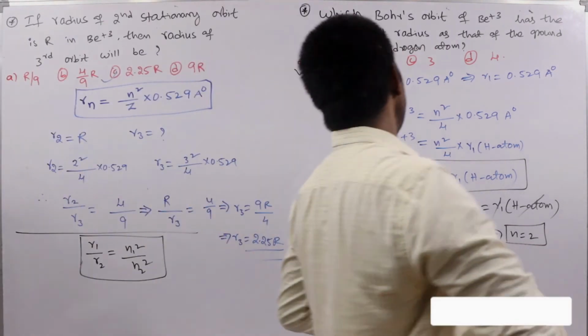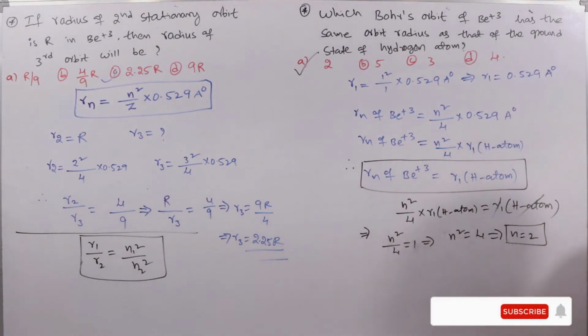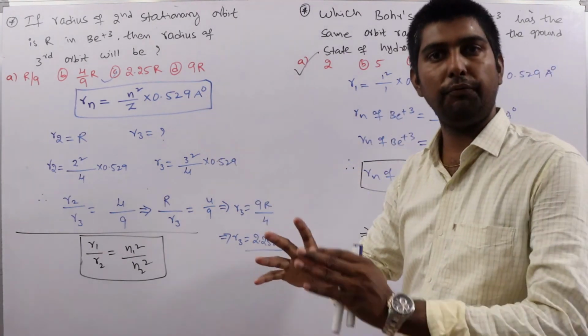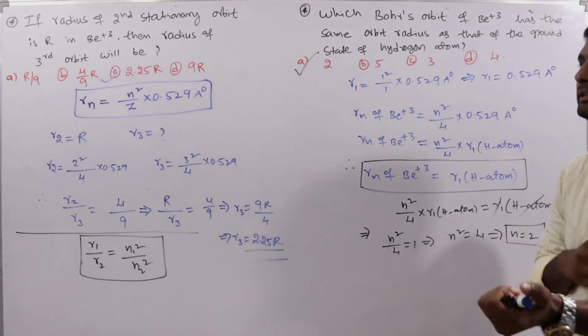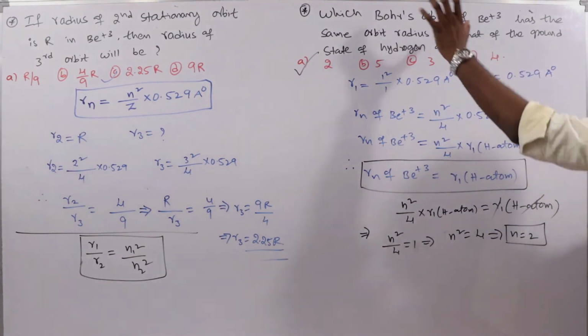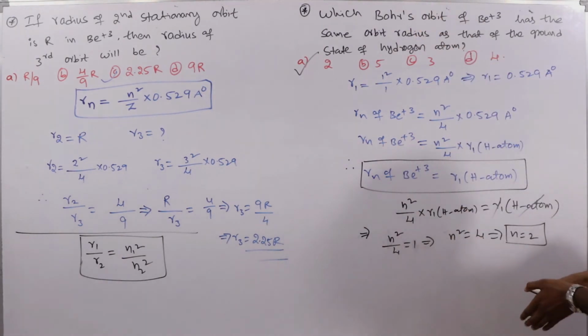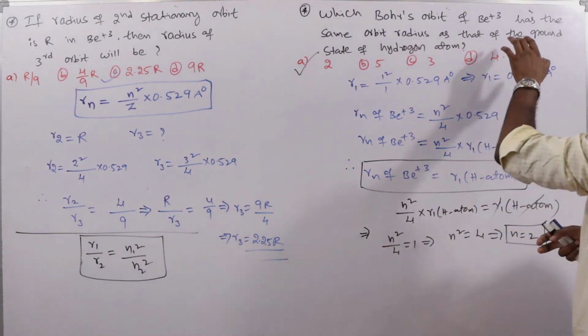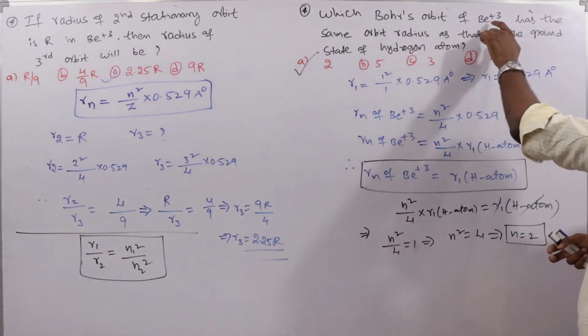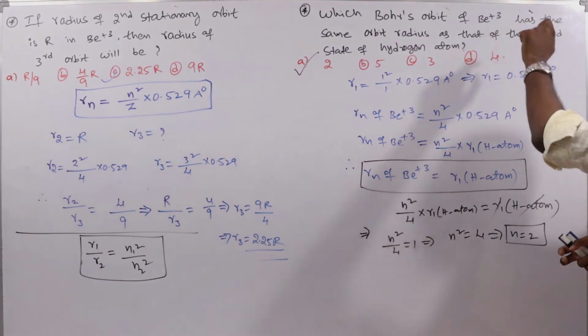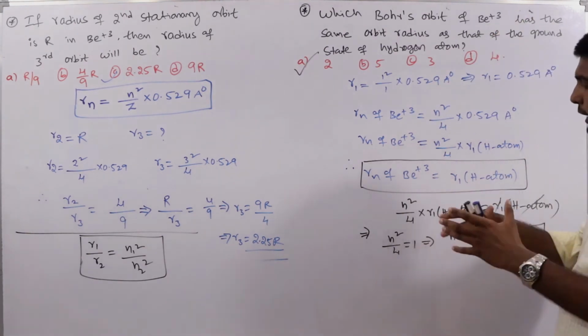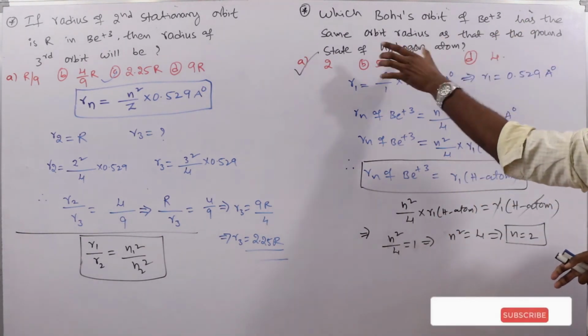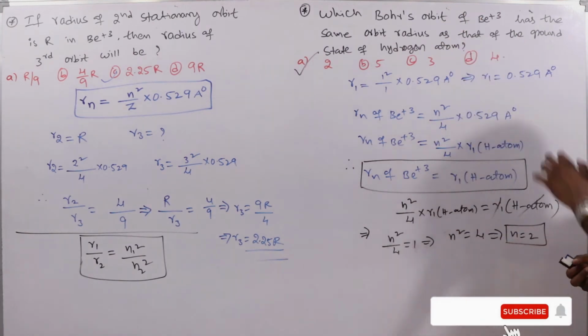Okay, so very simple. Understanding the problem is important. See, same formula, different types of questions are asked. Here, what is the condition they have given? The radius of Bohr's orbit of beryllium plus 3 has the same radius as the ground state of hydrogen atom. This is the condition given.